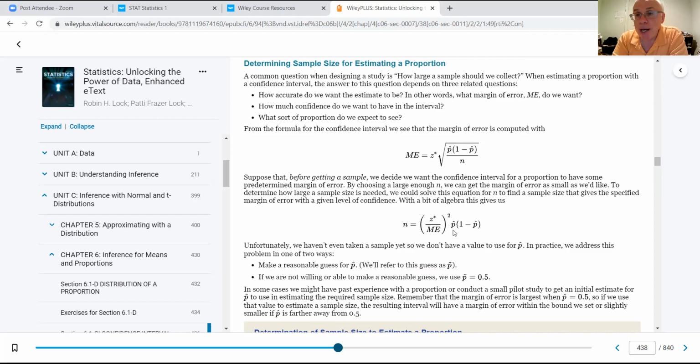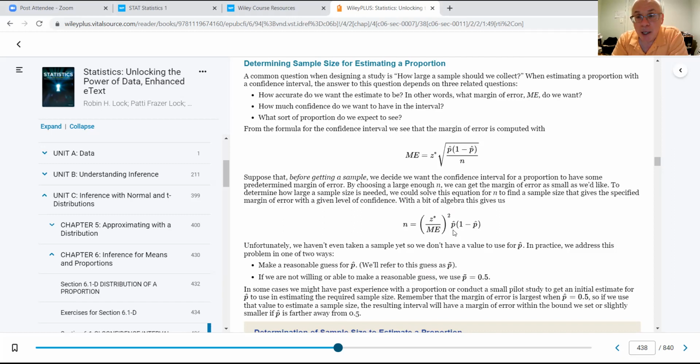The other thing you need is p hat. But p hat is a little bit of a problem, because you get p hat, the sample proportion, after you've done the research. But remember, this is done before you've done any research, so you don't have p hat. So what do you use? Well, if there were some preliminary studies, sometimes there are, maybe you have an estimate of what p hat could be, and that's what you would use.